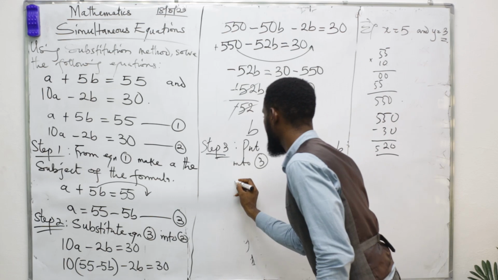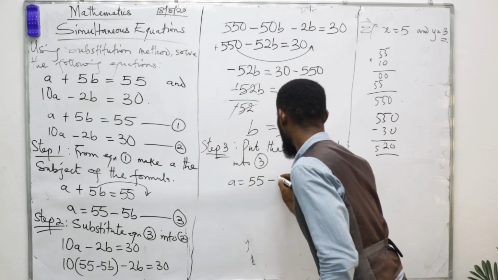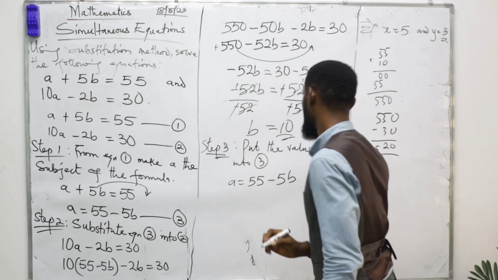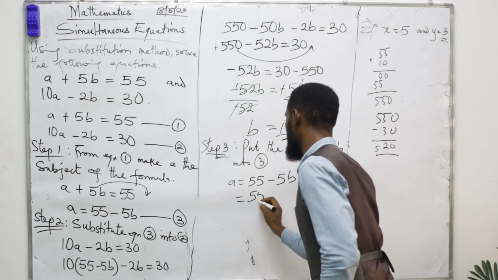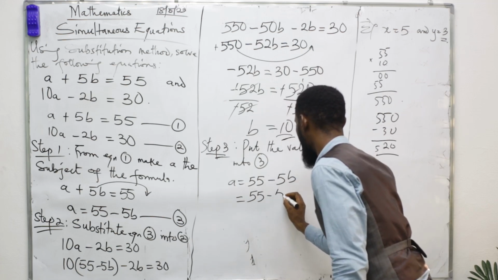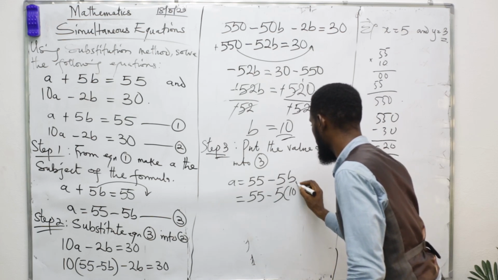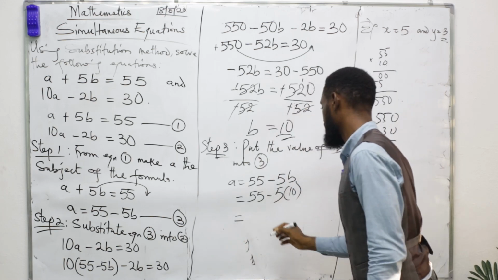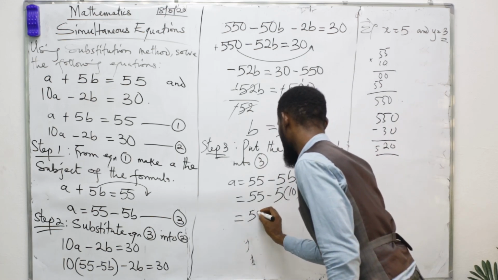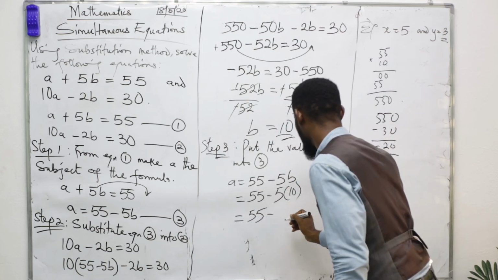So equation 3 is a is equal to 55 minus 5b. Our b is 10. So this will be equal to 55 minus 5, then bring the value of b here, which is 10. So we have 55 minus 5 times 10 is 50.